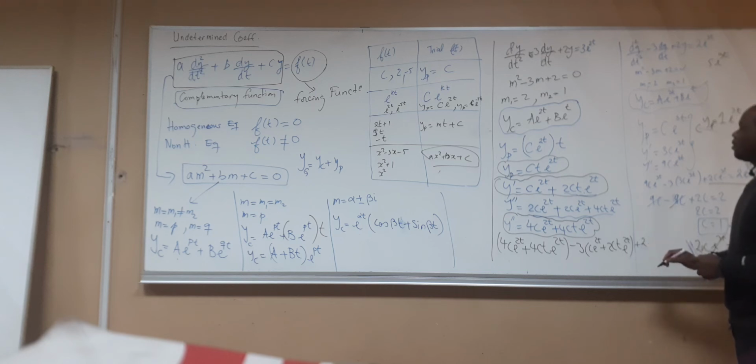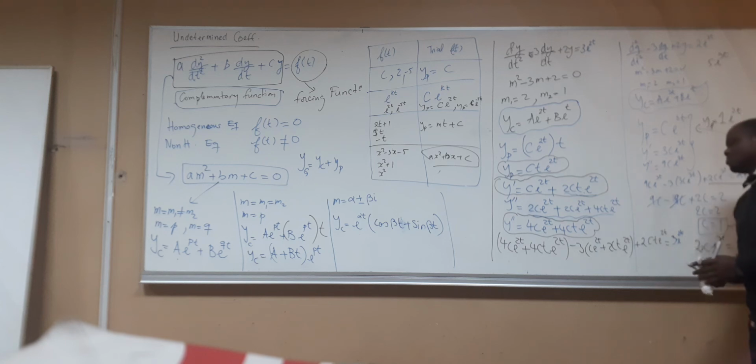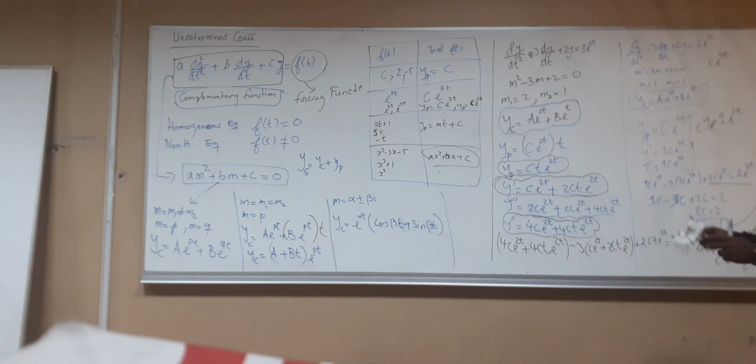What is our y? Our y is our yp, which is ct e to the power 2t, equal to 3 e to the power 2t. Same thing applies. You must multiply out these brackets and then find the value of c.